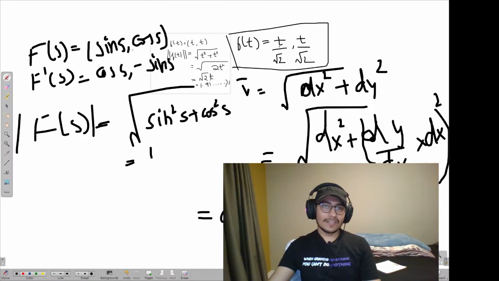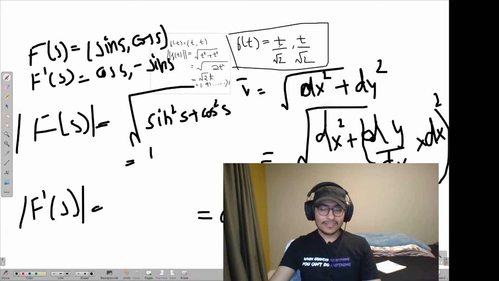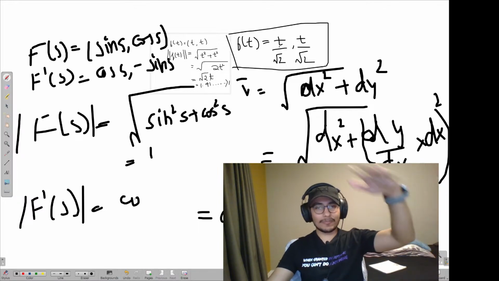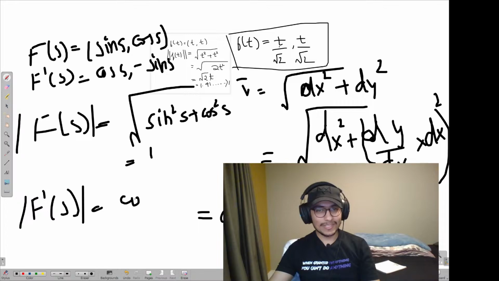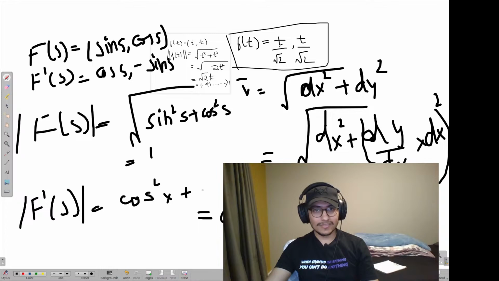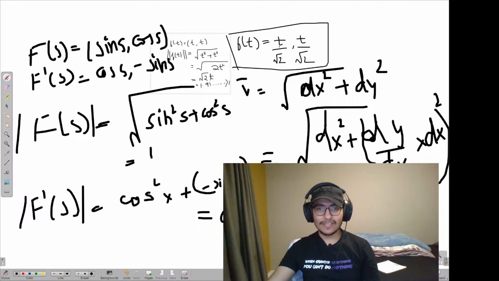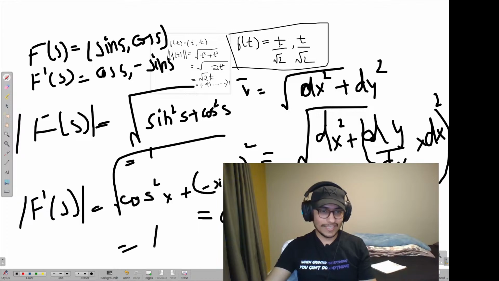Now if you take the norm of this function, which is basically your velocity or direction vector, because the velocity always has a direction and magnitude, and we care more about the direction, it becomes root of cos square x plus minus sine square x, and you still get 1.